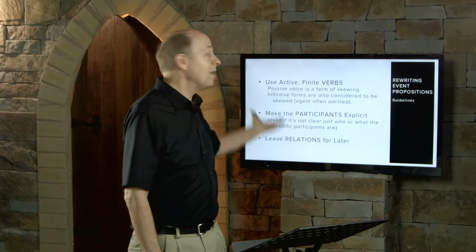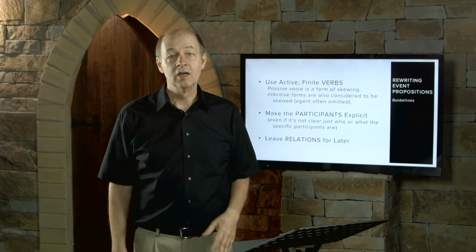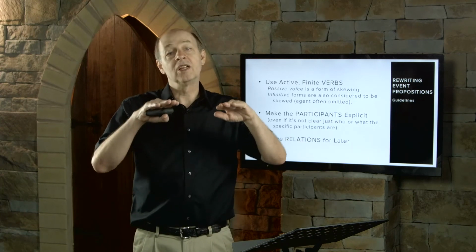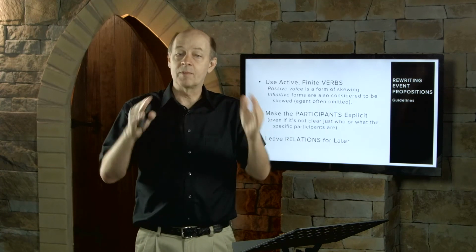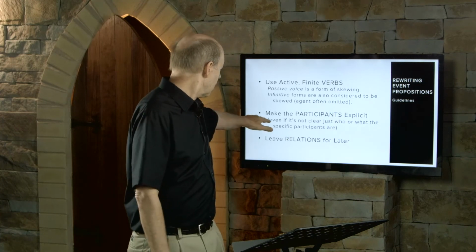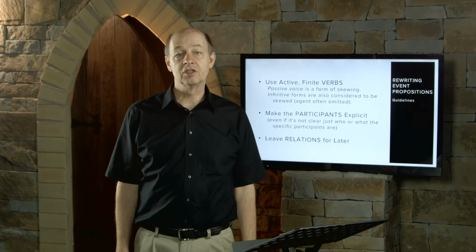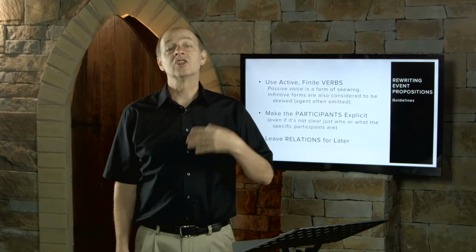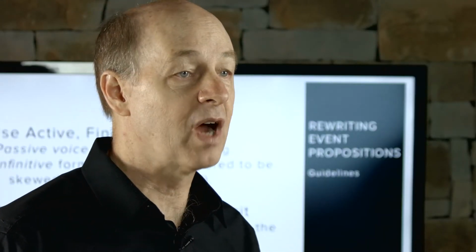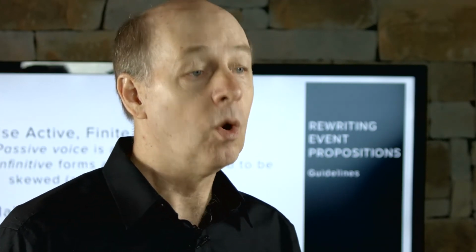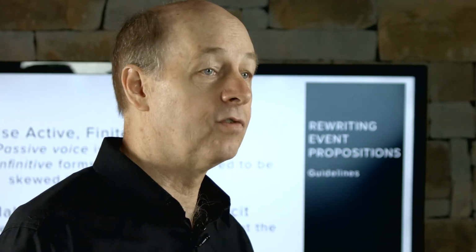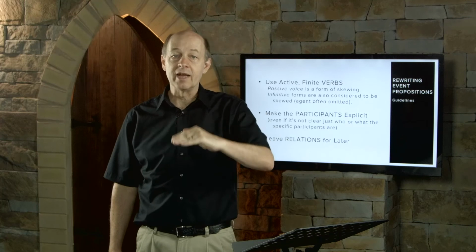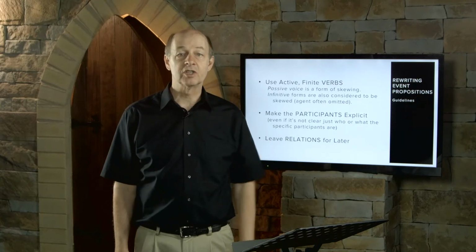And in some cases, we may not know who the participants are, so we would use something like someone or something. And very important, leave the relations for later. In a later tutorial, when we actually start looking at the relations between the propositions, it will become very clear why we needed to leave those for later. If we tried to identify the relations between the propositions as we are rewriting these propositions, we will make some serious mistakes.